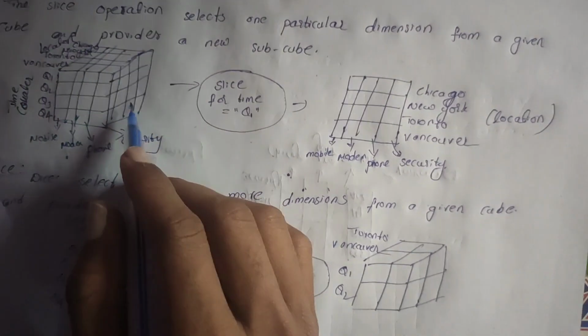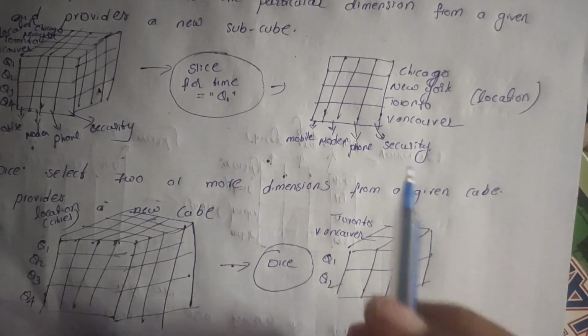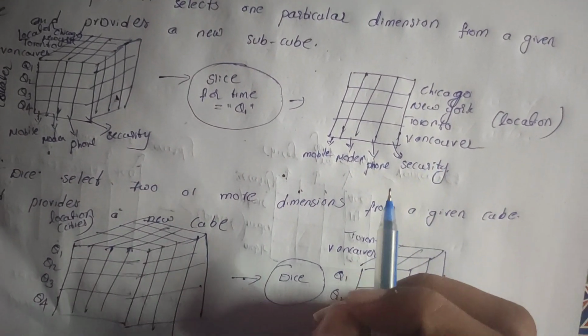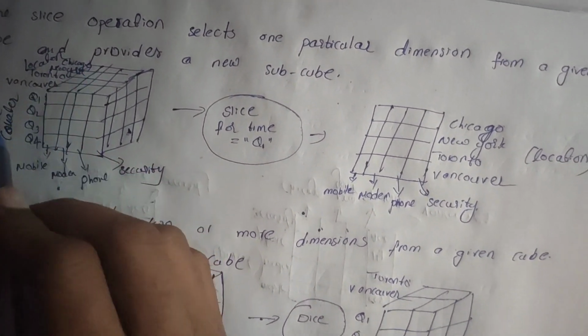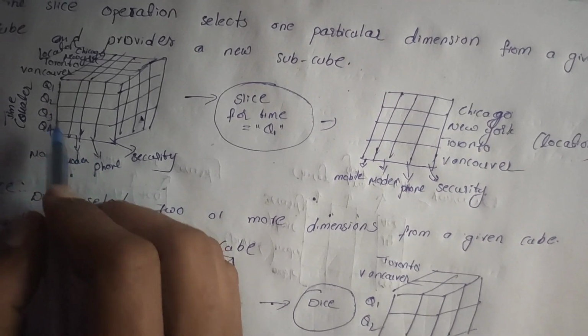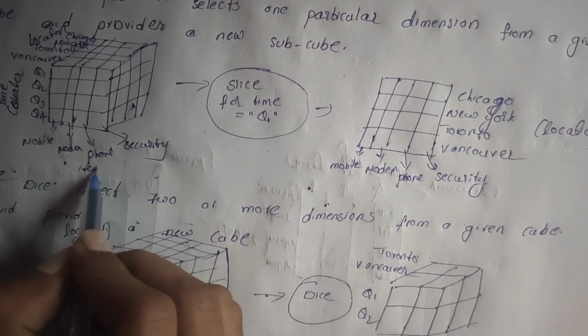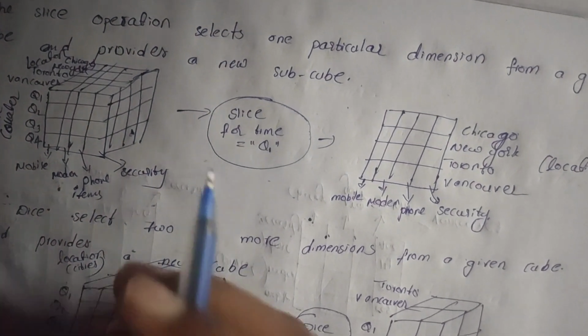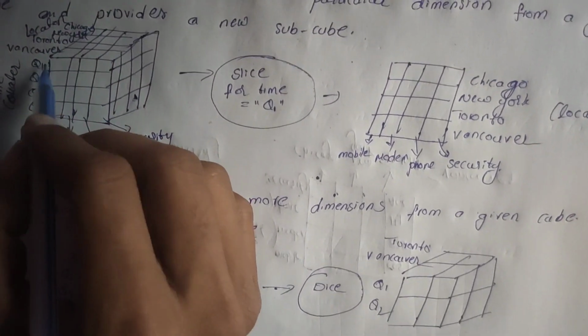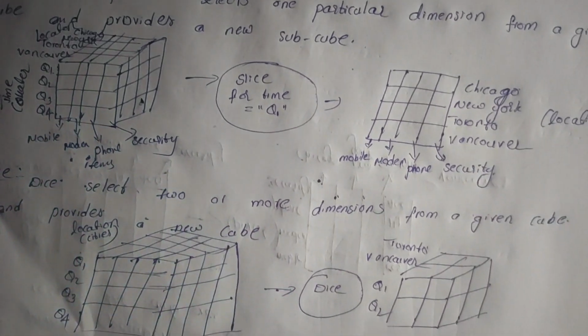Next, slice. Slicing selects one particular dimension from a given cube. Here the given cube has locations, time and items. Let us consider the time dimension: Q1, Q2, Q3 and Q4.